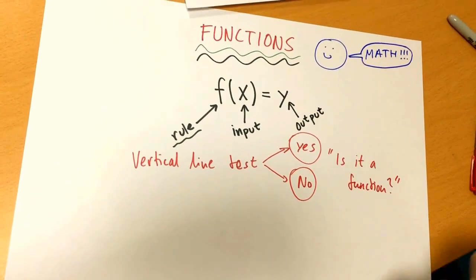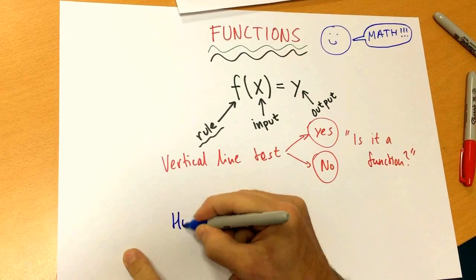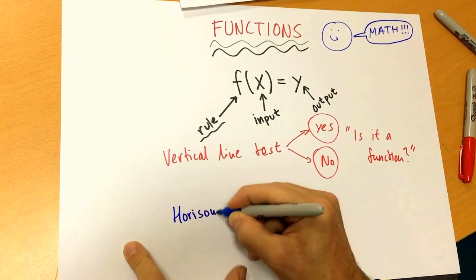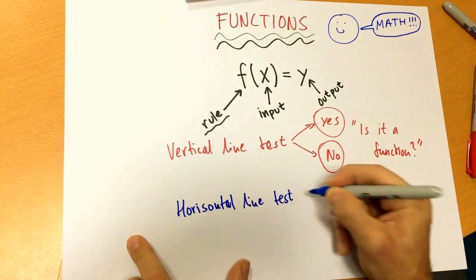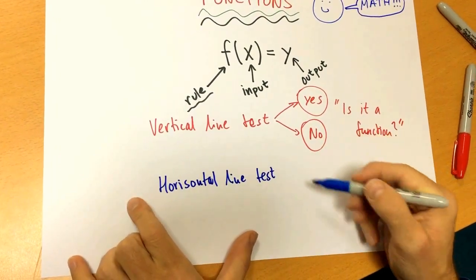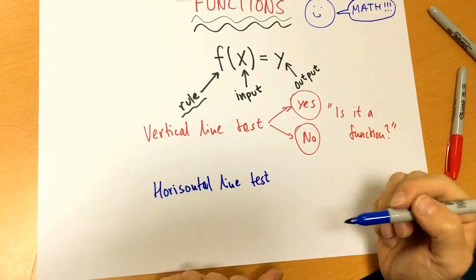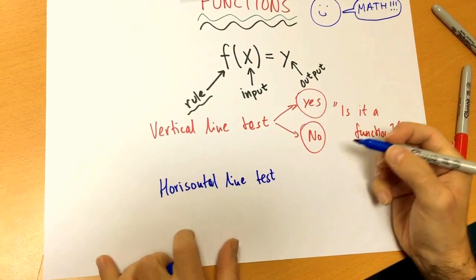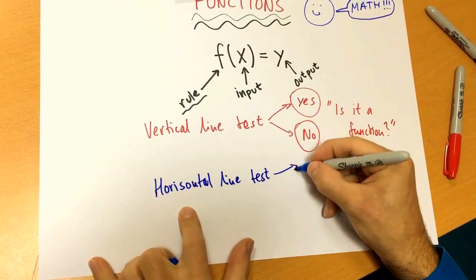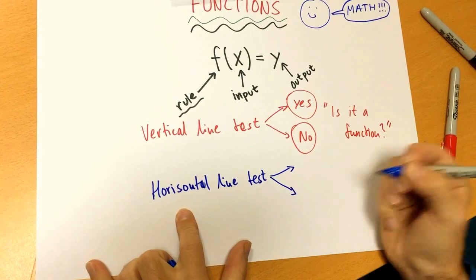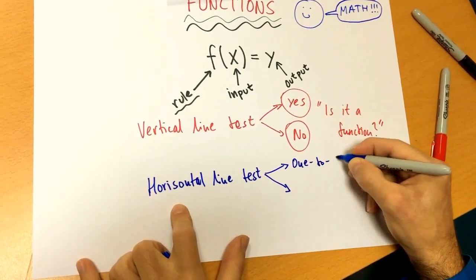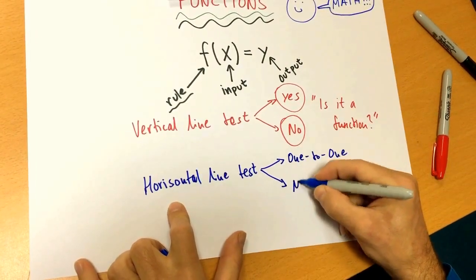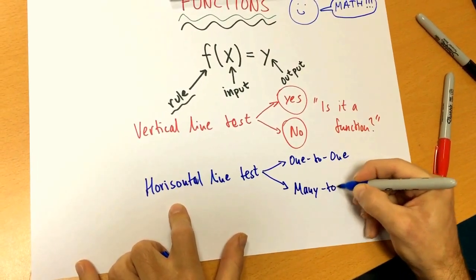And then I had something called the horizontal line test. And that only works if I already know that I have a function. The horizontal line test will tell me what sort of function, what type of function I have. Either it's one-to-one or it's many-to-one.